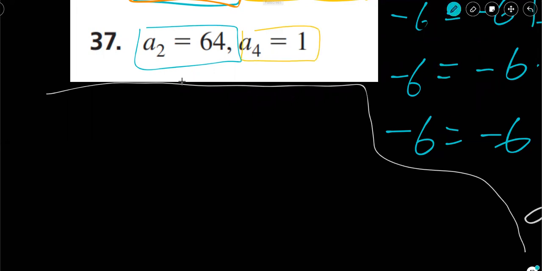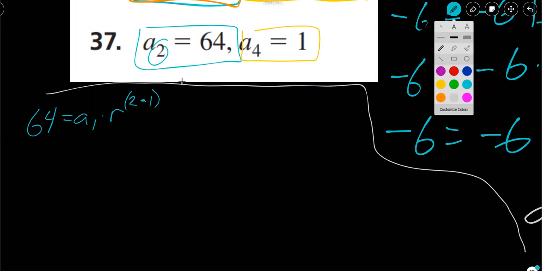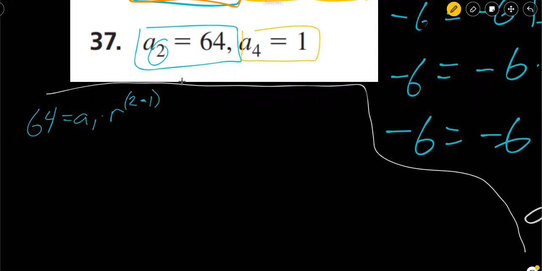So if I build two equations using the same format, A2, which is 64, is equal to A1 times R to the 2 minus 1 power. That's my first equation. My second equation is going to be A4, which is 1, which is equal to A1 times R to the 4 minus 1 power.